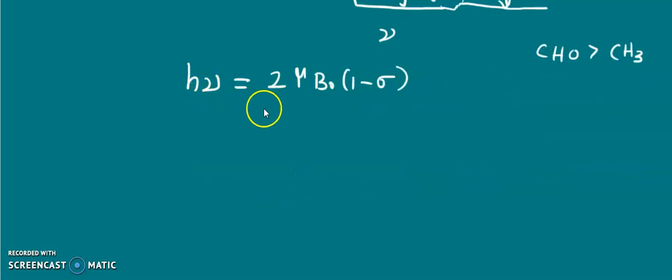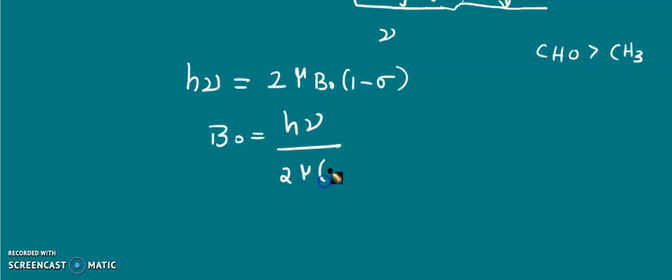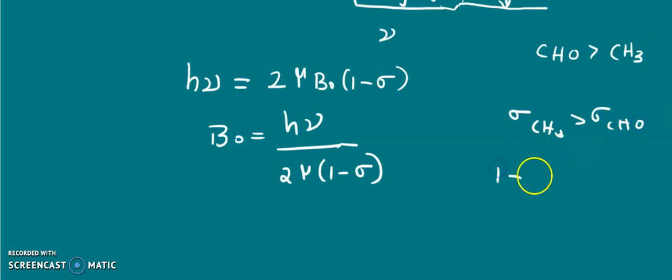Here nu is fixed, B is varied, and B0 can be written as h nu divided by 2 mu into 1 minus sigma. Since sigma of CH3 is greater than sigma of CHO, 1 minus sigma is greater for the CHO group, and 1 minus sigma of the CH3 group is lesser.